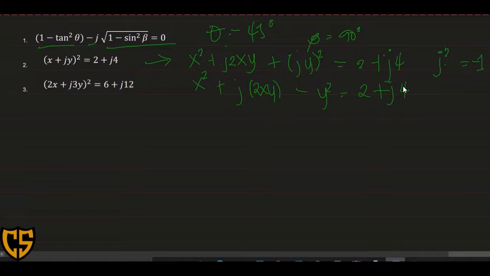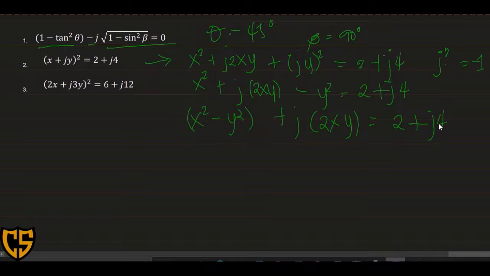Okay, so we are going to separate lang sa real part of our equation and the imaginary part. So our real part will be x squared minus y squared plus j times 2xy is equal to 2 plus j to the fourth.